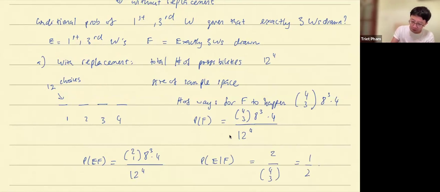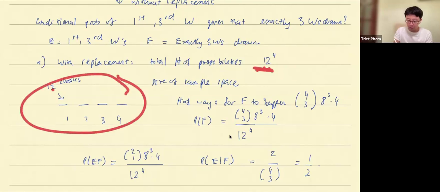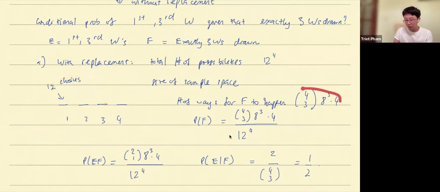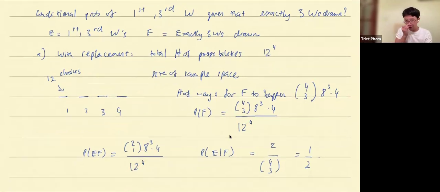However, do not take this 12 to the 4th for granted. Without setting down the environment that this is 12 choices with 4 positions, all the other calculations will be conceptually confusing. So even though 12 to the 4th gets canceled out in the final answer, setting it down is very, very important for the calculation, for the thinking. Any question?